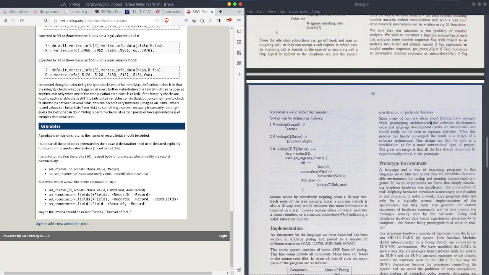Since many of our new ideas about Erlang have emerged while prototyping architectures, the software development cycle and the language development cycle are interrelated and should really not be seen as separate activities. When this process has finally converged, the result is a design of a software architecture. This design can then be used as a specification for a more conventional type of project. The great advantage is that all the key design issues can be experimentally tested in the prototype.